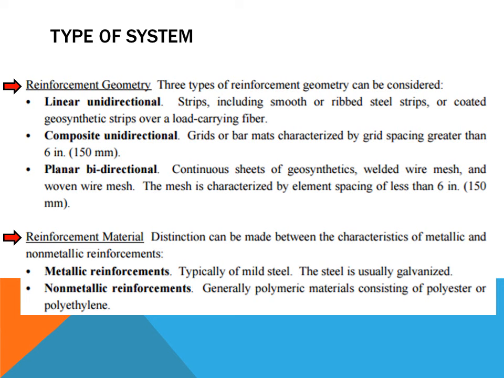Okay, the reinforcement material can be metallic or non-metallic reinforcement, such as mild steel, which is usually galvanized to resist corrosion, and non-metallic reinforcement, which uses polymeric material such as polyester or polyethylene.